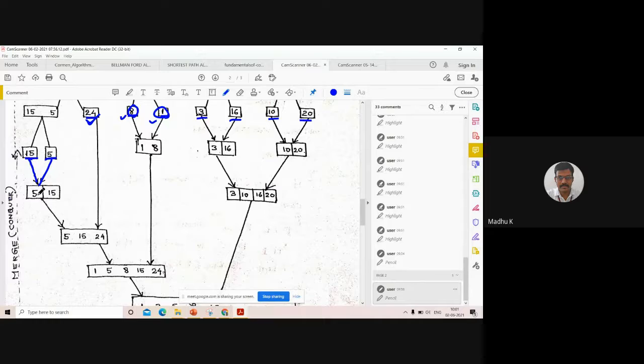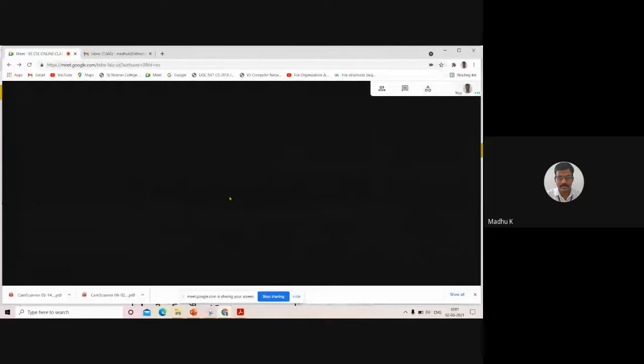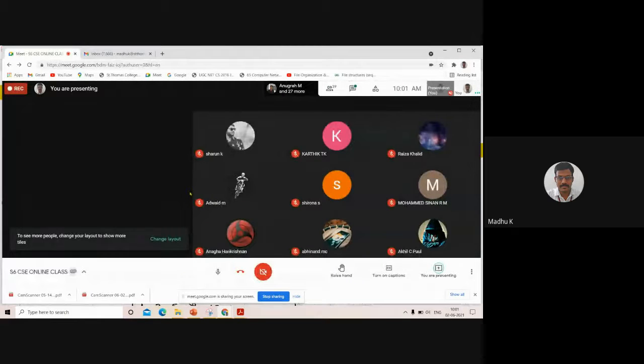Then it is combined and at the same time sorting is also performed. So 5 and 15 compare. Then we will combine this.